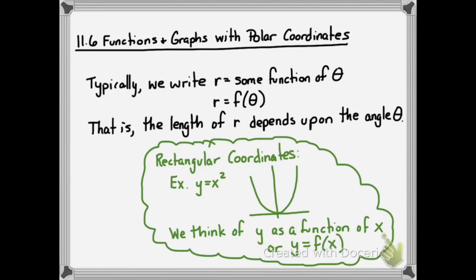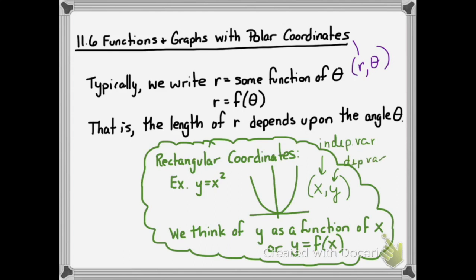One of the differences is that when we write an ordered pair in polar coordinates, we have r comma theta, and when we write an ordered pair for rectangular coordinates, we have x y. With rectangular coordinates, the x is the input, the independent variable, and y is the dependent variable.